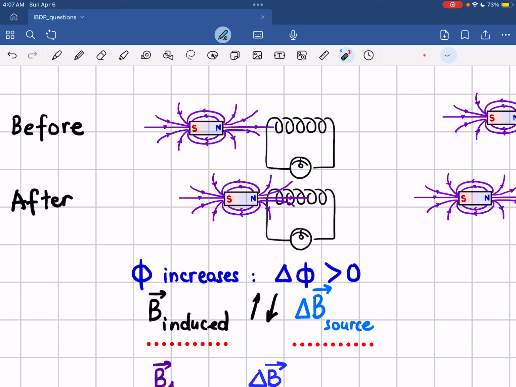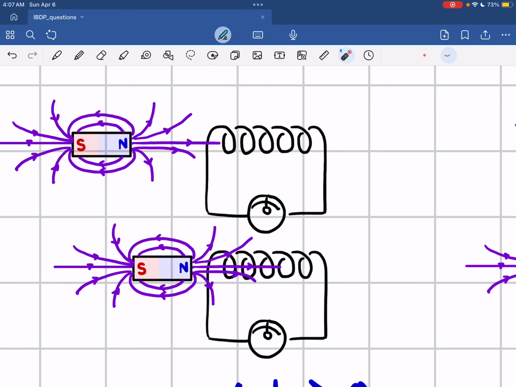Okay, so first, the magnet is further away from the coil of wire. So what is the flux now? We could say that each circle here has a cross section, right? Let me draw it. It should be something like this, okay?